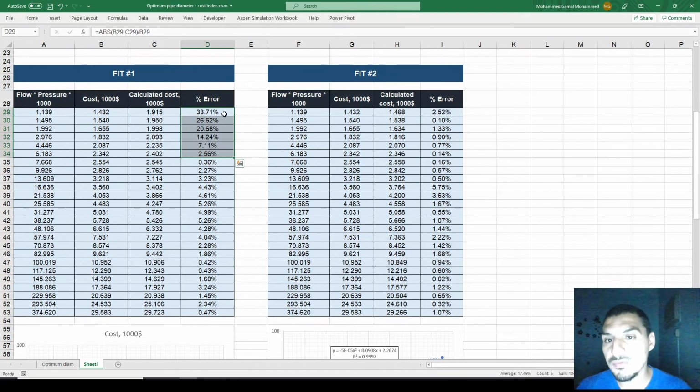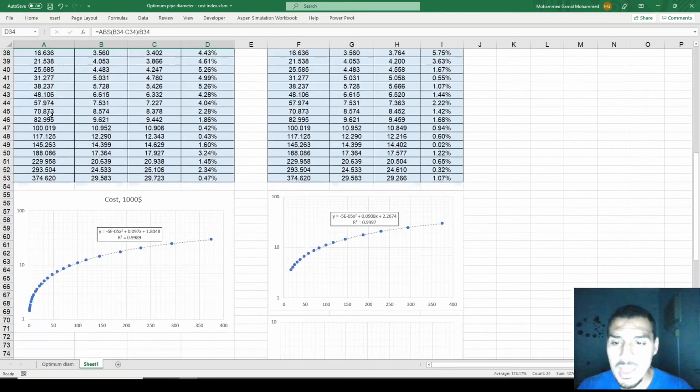I have 33% error for the very first point here, and it's still very high until I reached the point where the flow multiplied by pressure was around 7 or 8. So the use of the equation in this part is not very good, and I believe it's because the values are very low here, so the fitting didn't see a big problem in giving a very high R square.